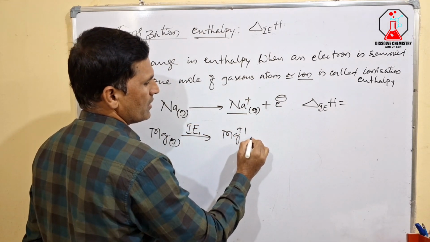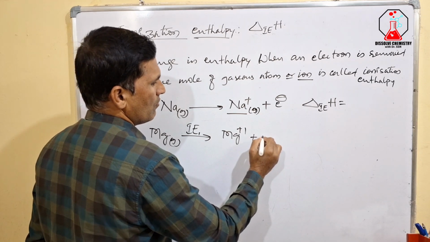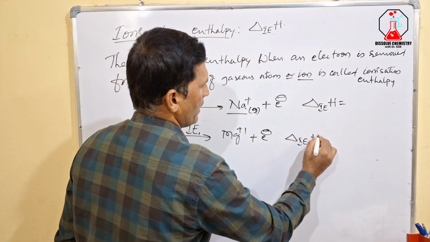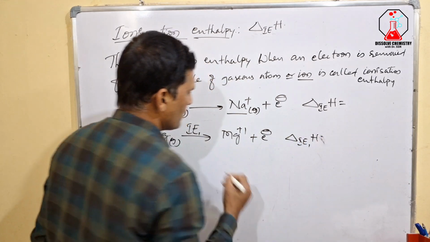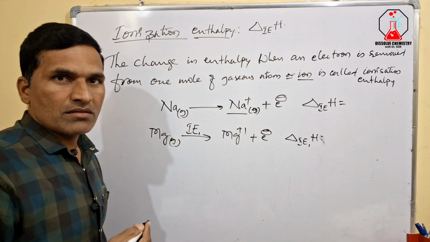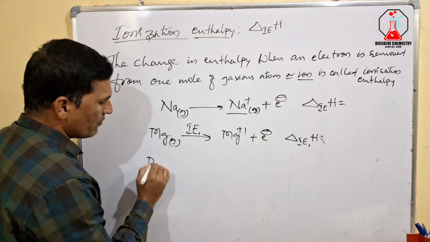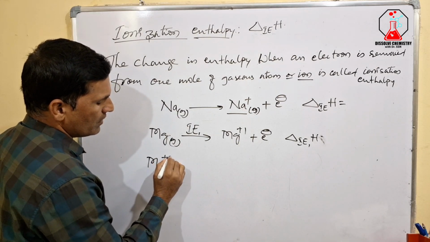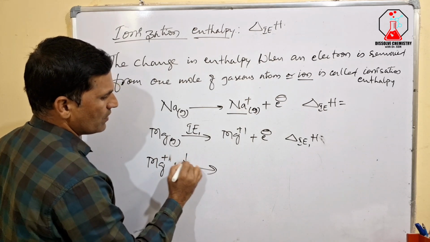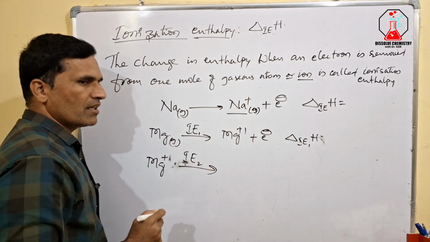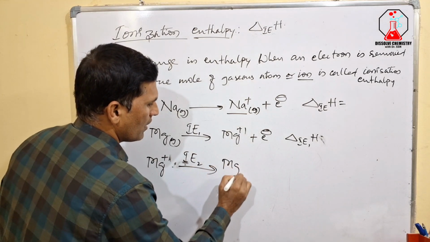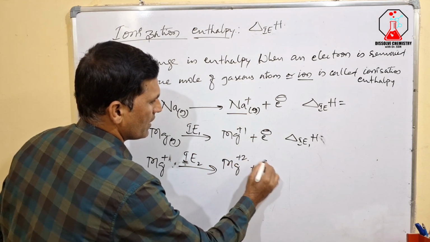You get Mg plus and 1 electron, and that we call delta IE1H. Next, removal of the second electron involves removal from the ion, not from the gaseous atom. This is IE2, the second ionization enthalpy. Mg plus gives Mg 2 plus and 1 electron.